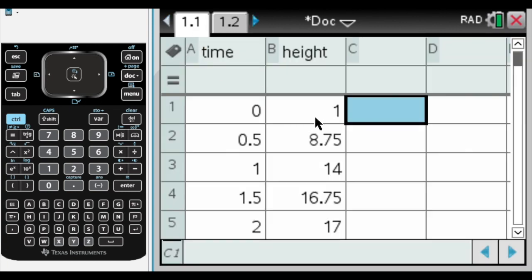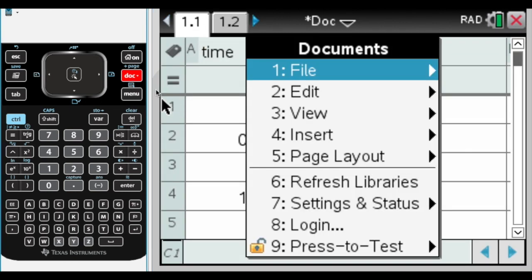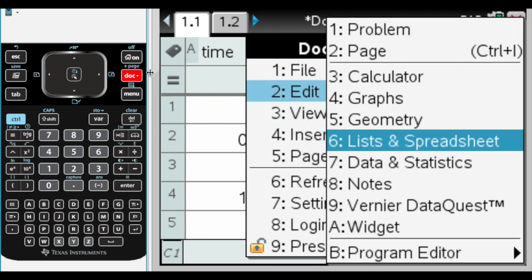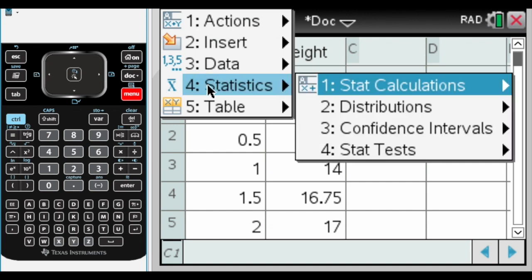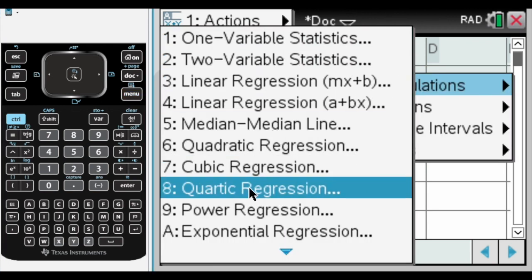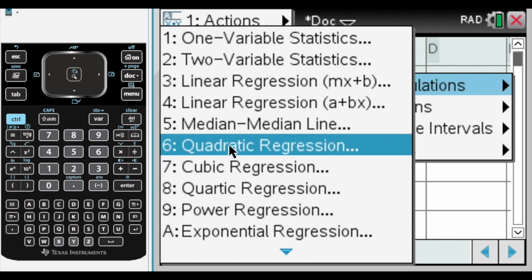So I'm going back here and I'm going to insert now a statistics calculation page. So statistics calculation, and I'm choosing quadratic regression.